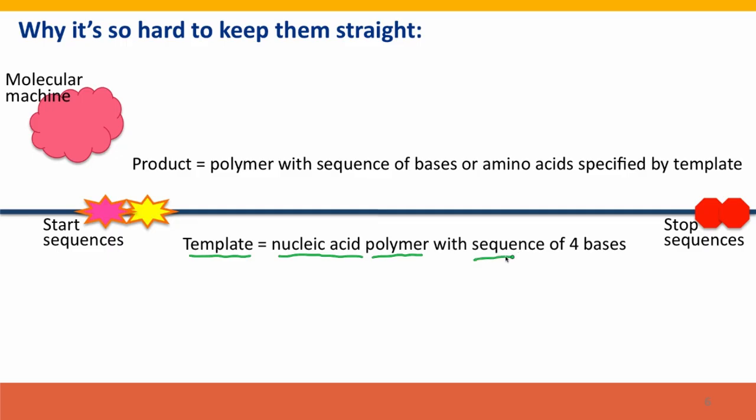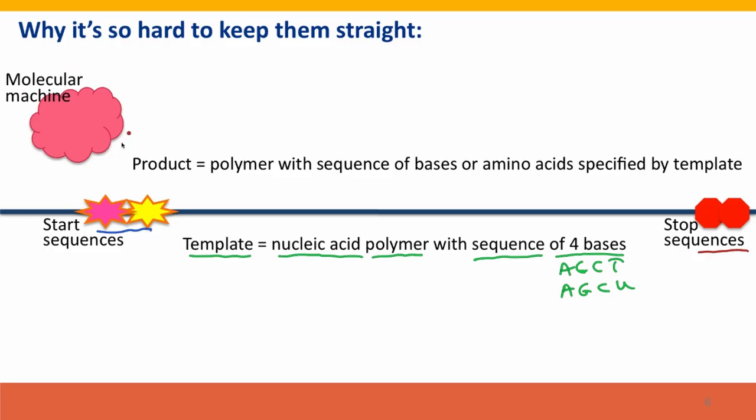And then it has a sequence of some combination of the 4 bases. It could be the 4 DNA bases. It could be the 4 RNA bases. So AGCT if it's DNA, AGCU if it's RNA. The template has some sequences that say start here, and it has some sequences that say here's where you stop.